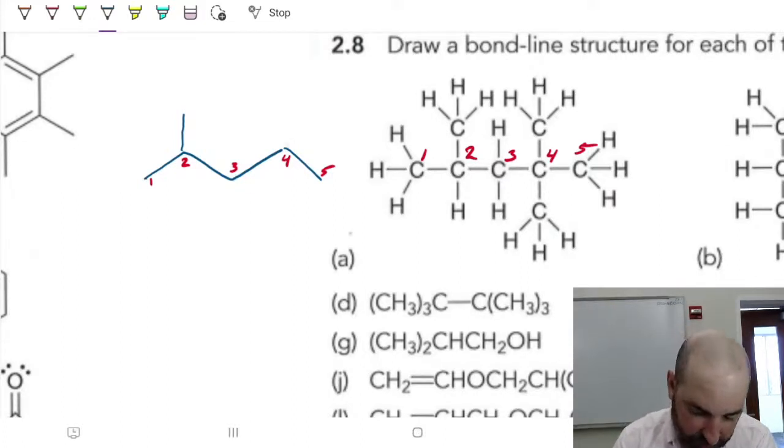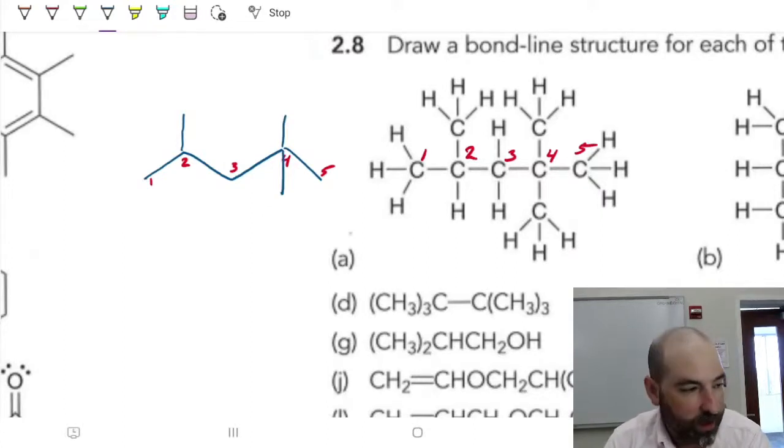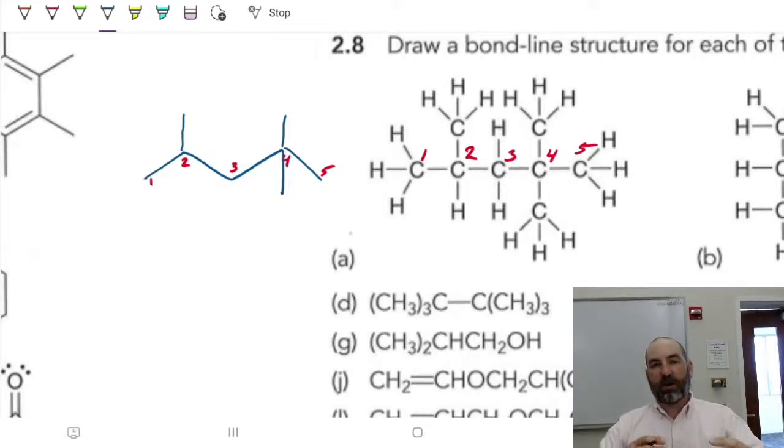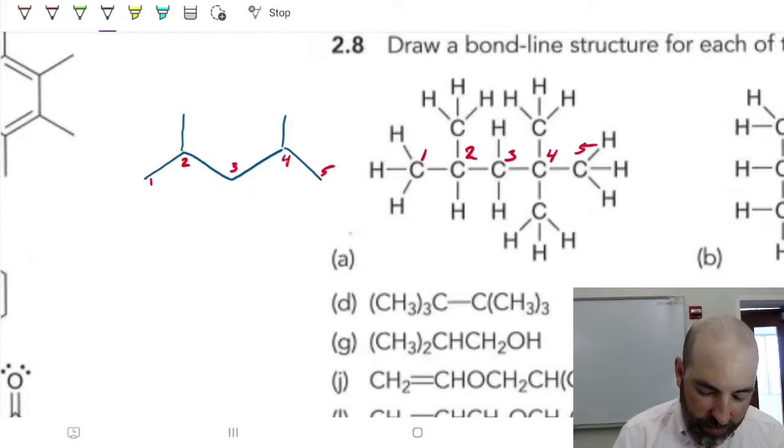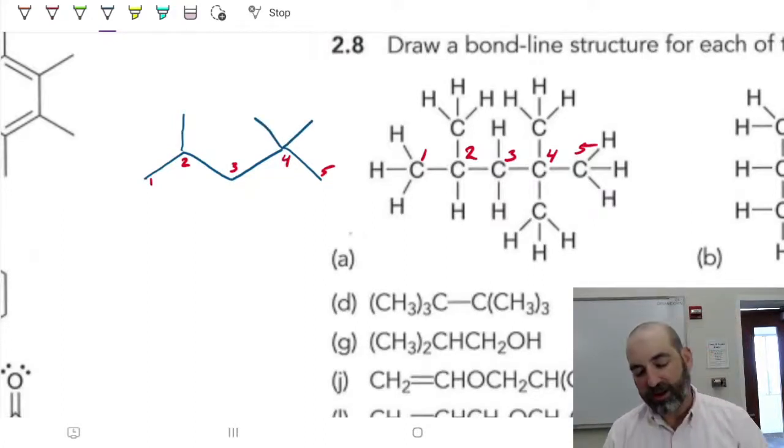The most obvious way is to go like that, and that's okay. But when you look at the example structures, you'll see generally we try to maximize the angles because the atoms are going to want to kind of repel each other. They're going to want to spread out as much as possible. So rather than draw them up and down, you'll usually see these drawn kind of like this, so that they're spread out a little bit more. But that's our line structure.